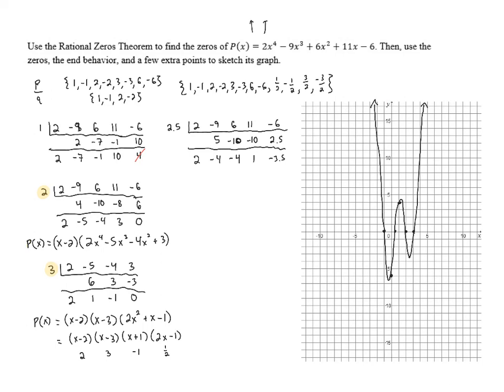So this is a sketch of the graph p of x equals 2x to the fourth minus 9x cubed plus 6x squared plus 11x minus 6. It is accurate as far as the x and y intercepts go. Also, the intervals where we're above and below the x-axis, as well as the end behavior. But again, we need calculus to find the local minimum and maximum values.